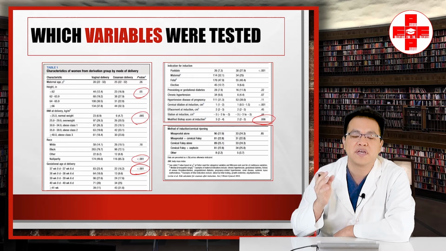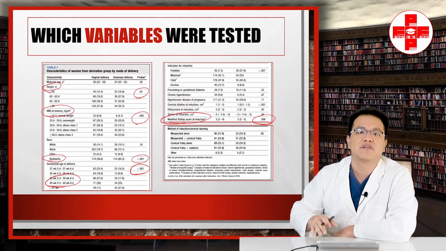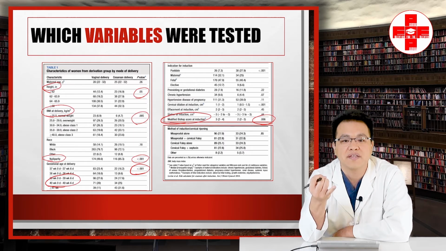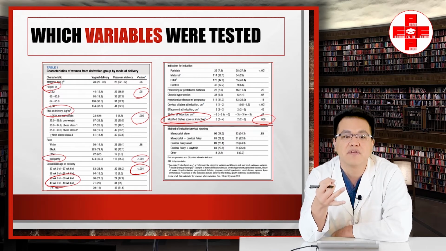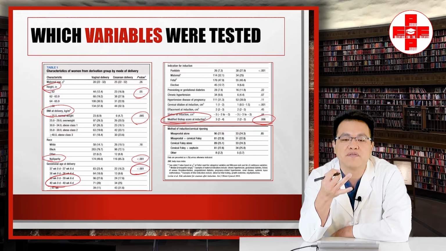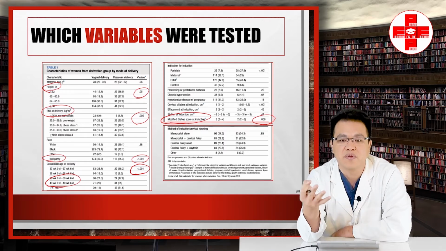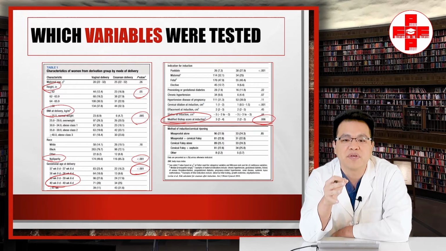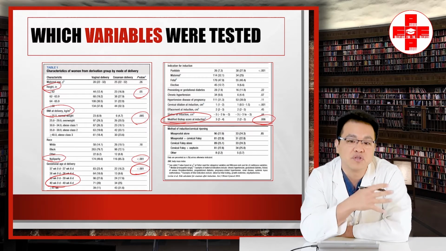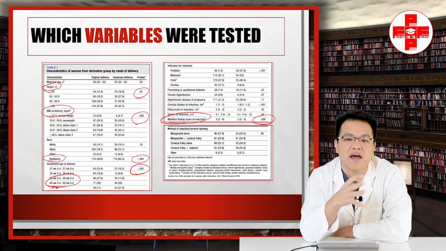And they found the ones with the highest correlations, and those turned out to be the maternal height, the BMI at delivery, or at least close to delivery within a couple of weeks, whether this was the first delivery or subsequent delivery. And that's important because this data set is not meant to be applied to patients who broke their bag of water or had a history of a C-section. So those patients need to be excluded from this calculator because they were not validated with this calculator itself.